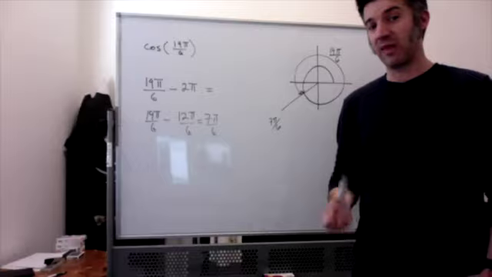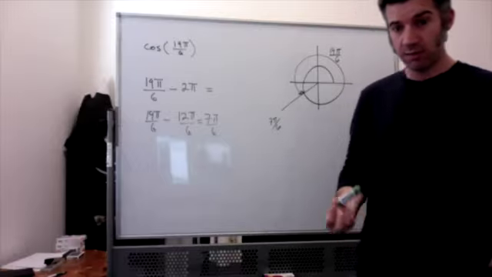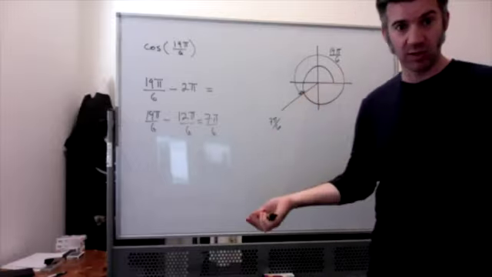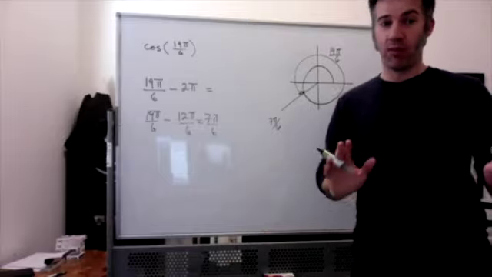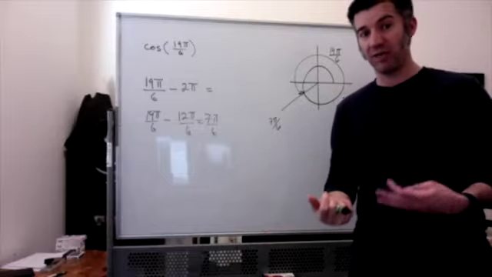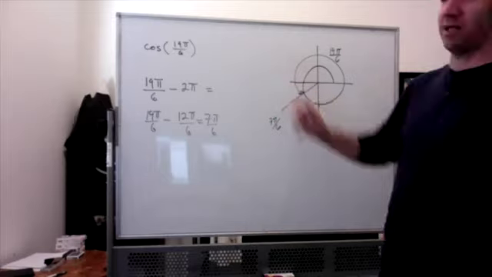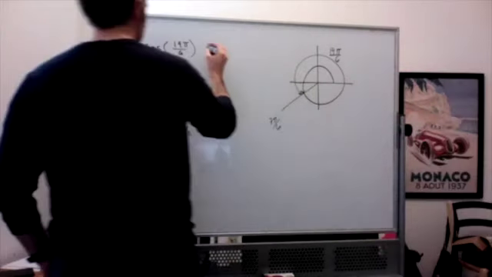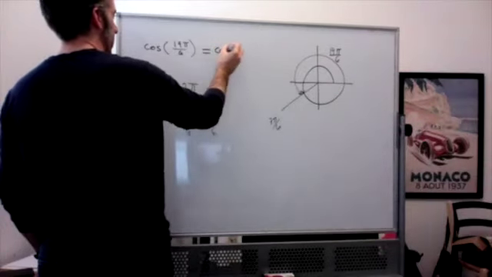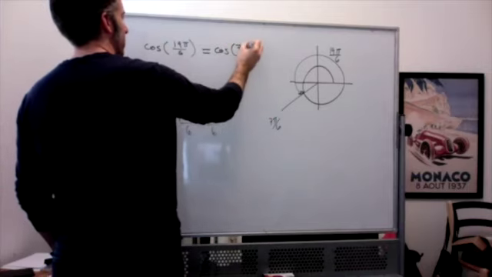The word we use is that they're coterminal, meaning they end at the same place on the unit circle. The important thing, though, is that their trig functions are the same. Meaning finding cosine of 19 pi over 6 is literally the same as finding cosine of 7 pi over 6.